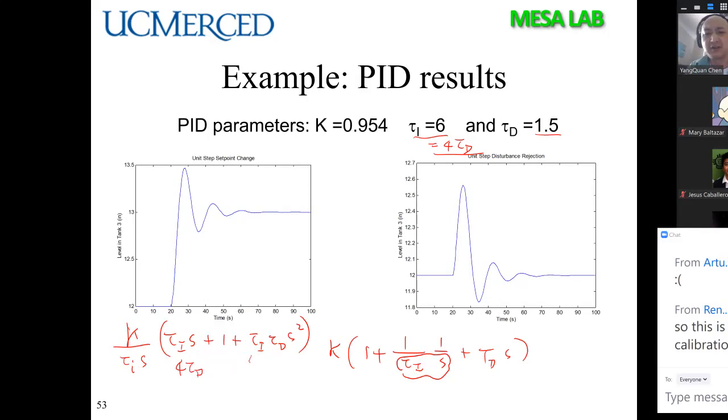So then I have 4 tau d square s square plus 1 plus this one. So you have 4, this one. So what do I have? This I give 2 tau d s, okay?